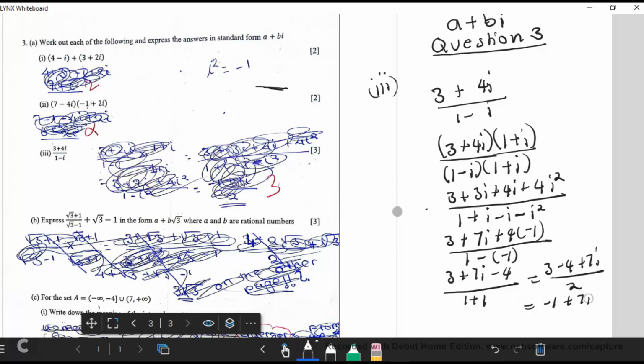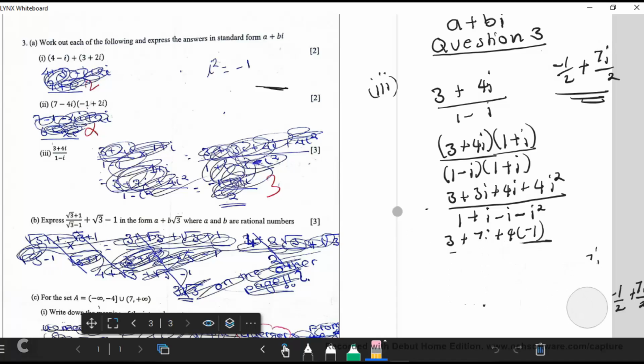Plus 7i over 2. Then it will result into negative 1 over 2 plus 7i over 2. So this is your answer. This is how you answer this question. Let's go on to question 3b.